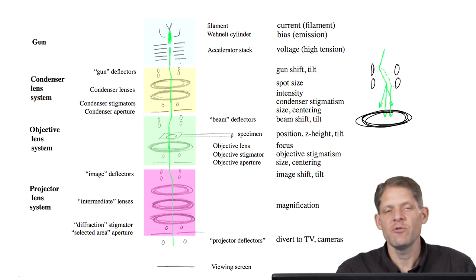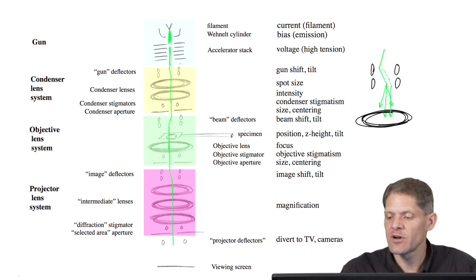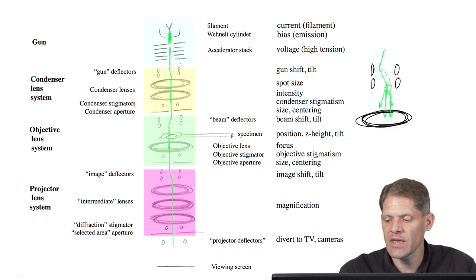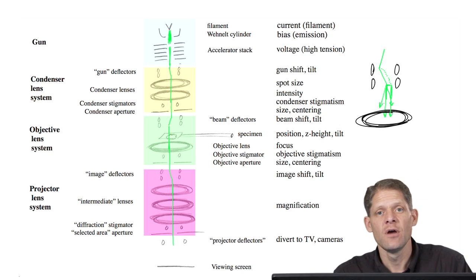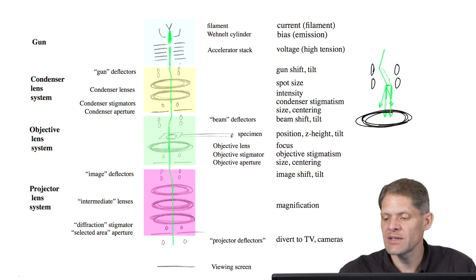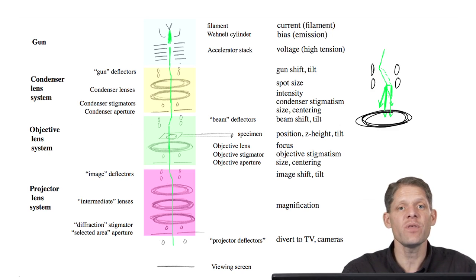require changes in the currents of both deflector sets. And ideally, we would be able to ask for a specific shift of the beam, for instance, from, say, here to over here, and have that shift without any tilt being involved. Or vice versa, we might like to be able to tilt the beam from straight down to coming at an angle without any shift along with it.